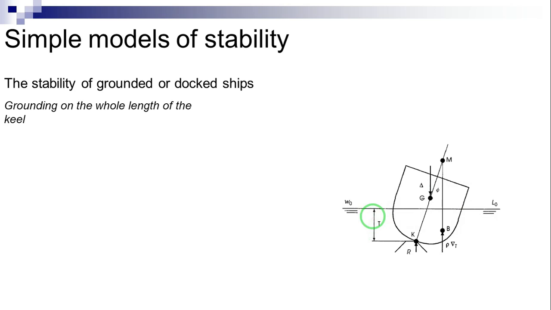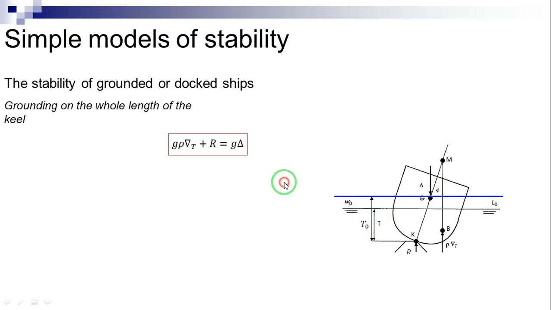In this figure, we consider that the draft T descended below the value T0 corresponding to the ship displacement mass delta. Then the ship weight is supported partly by the buoyancy force and partly by the reaction force R. Note that the reaction force R here has the same effect on the GM of the ship as would the removal of a corresponding weight from a position at the vessel's keel.